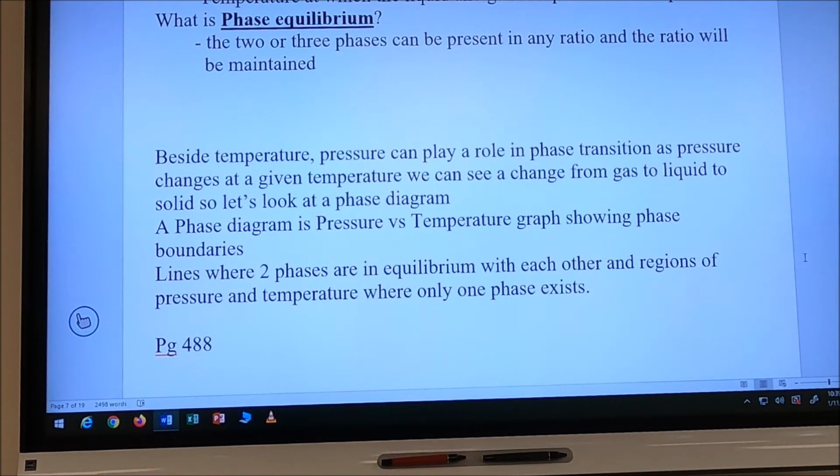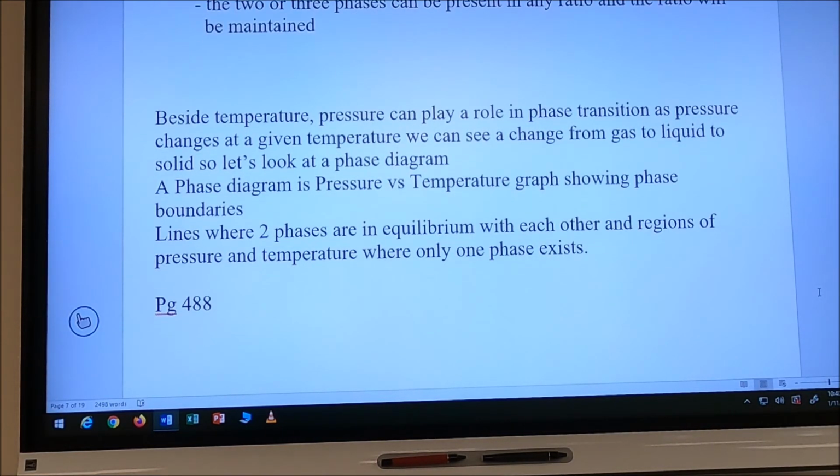Now, a phase diagram, okay, is a pressure versus temperature graph that shows boundaries between the solid, the liquid, and the gaseous phase of matter. Lines are where 2 phases are in equilibrium with each other, and the regions of pressure and temperature in between the lines say that you will have 1 phase of matter that exists.